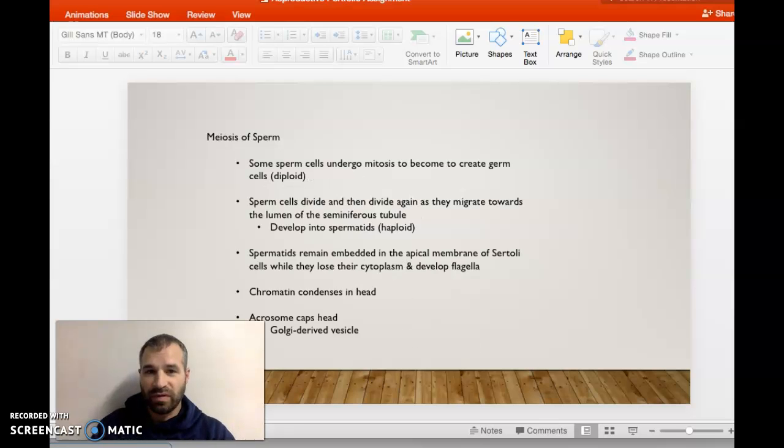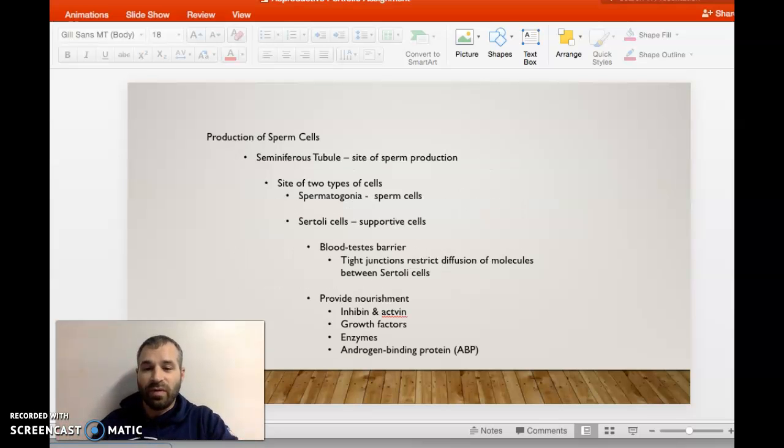If we move again, but backtracking a little bit to our second slide, Sertoli cells also provide nourishment, and they're responsible for the secretion of inhibin, activin, growth factors, enzymes, and ABP, or androgen binding proteins. All of those molecules are important in the regulation and the growth of the spermatogonia cells.